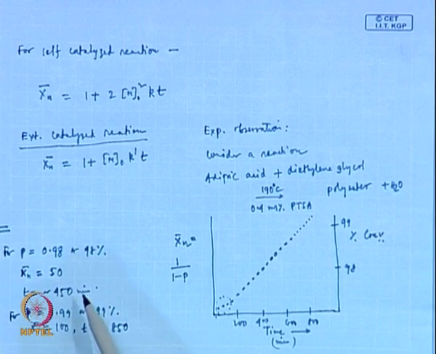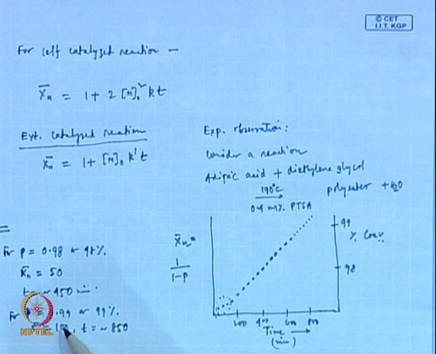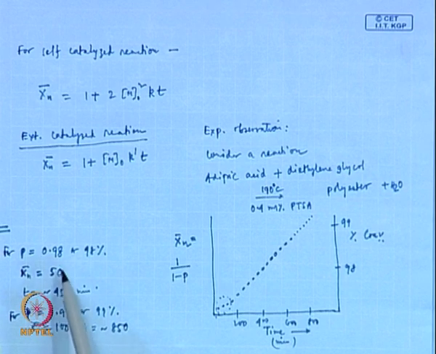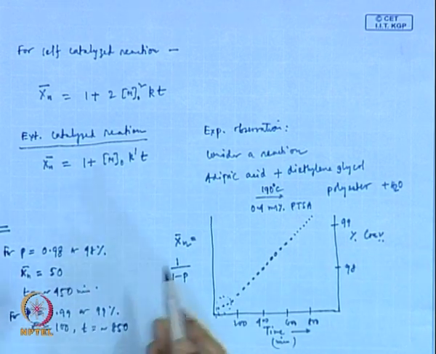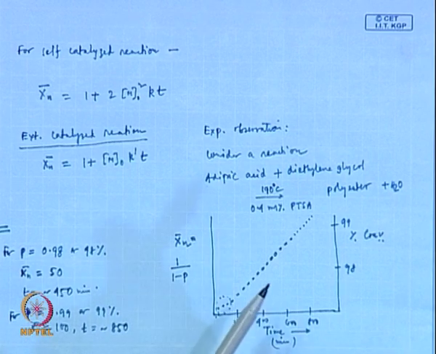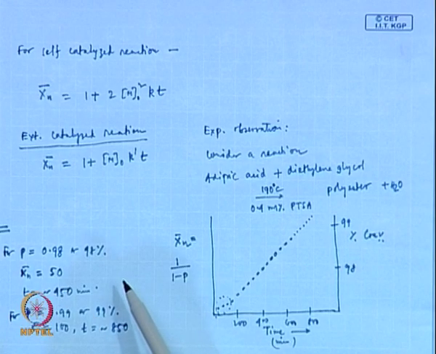So, we see here that for reaching up to 98% conversion, it takes about 450 minutes and builds an average degree of polymerization of 50. If the average molecular weight of the structural units is 200, then the molecular weight will be about 10,000.